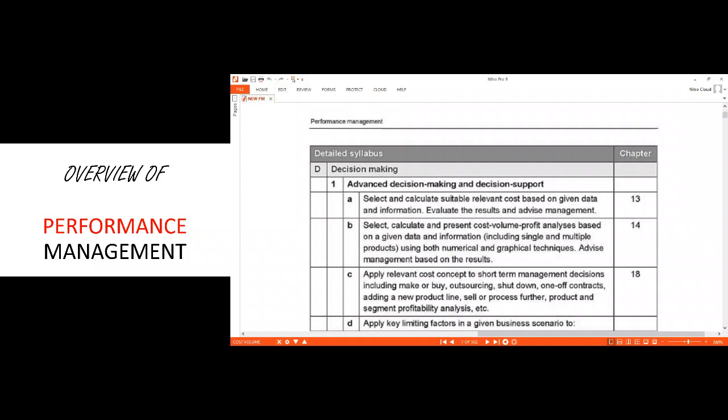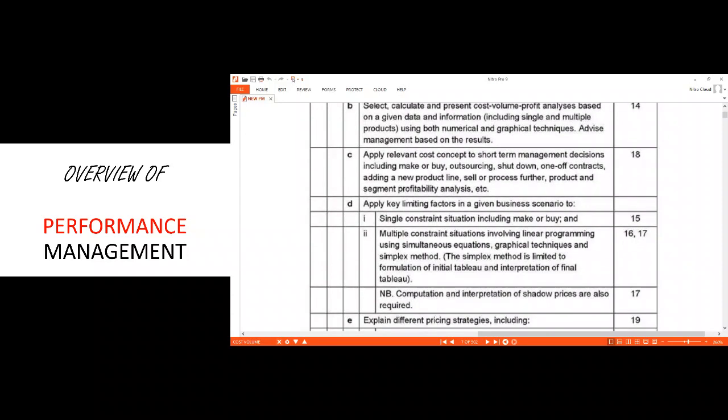We are going to select and calculate and present cost volume profit analysis, and we are going to walk it through. Also, it's expected of us to apply relevant costs concepts to short-term management decisions like outsourcing, shutting down, buy, sell, and the like decision making.